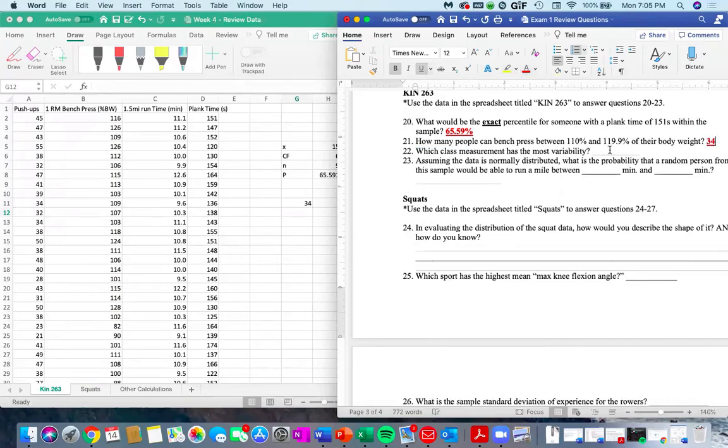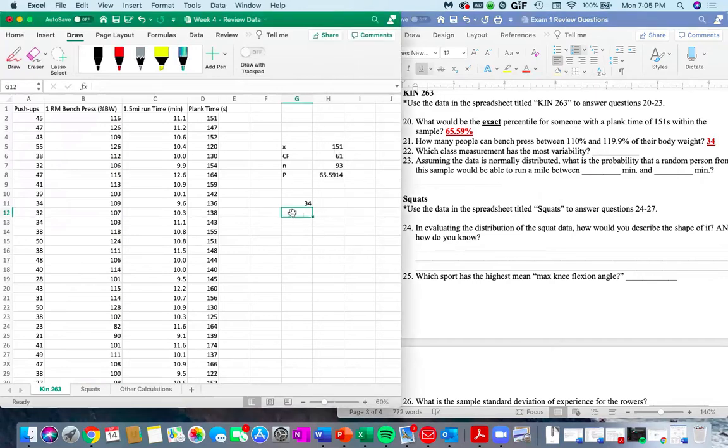Which class measurement has the most variability? How would we figure that out? We can compare standard deviation, maybe? You're getting there. We do have to calculate standard deviation, but how can we turn that into a standard score so we can compare all of these different measurements or units of measurement together?